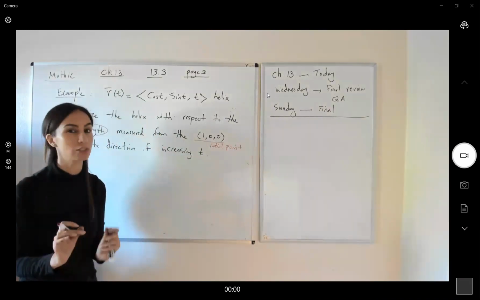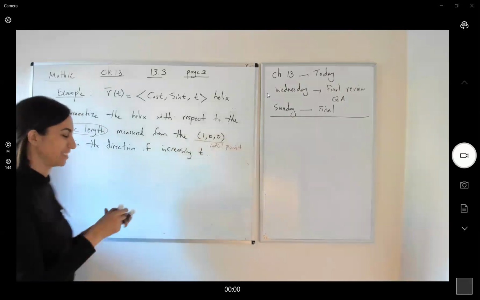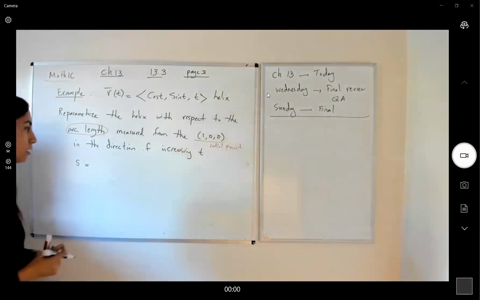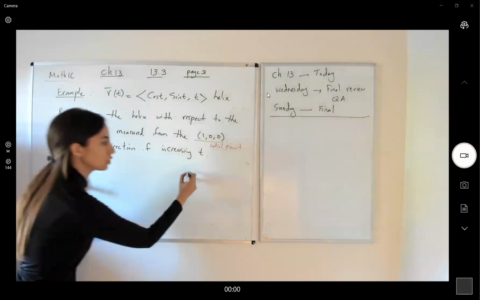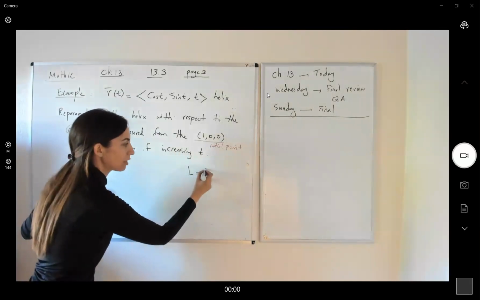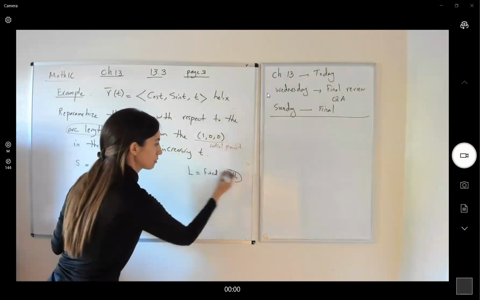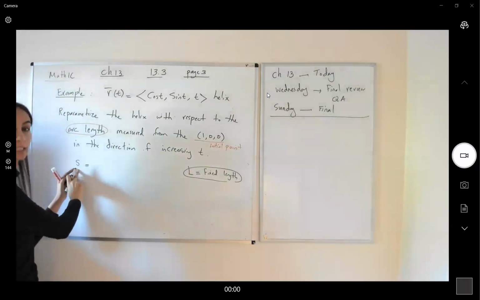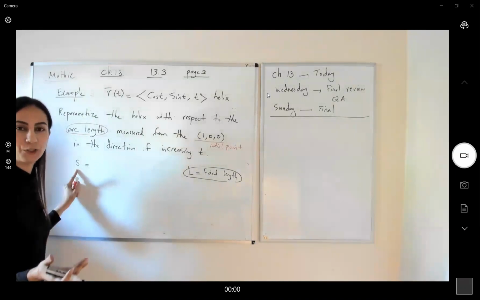We don't have the terminal point. So let us follow the definition of the arc length. Let us call it S instead of L because we want to use a new parameterization. When you use L, it means that you have a fixed length. L is a constant, L is a number. So instead, you're going to use S as a new parameter, as a new variable.